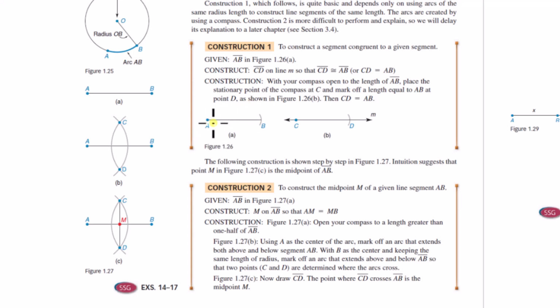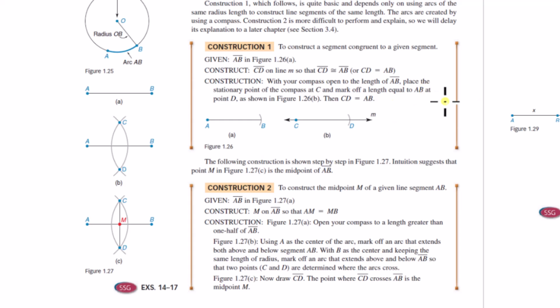If I'm trying to make a line segment that's congruent to AB, you take the compass, fix it at A, and fix the radius to where you could draw an arc that goes through B. That means you have a radius set on the compass, fixed and tightened in, that's the length of AB.